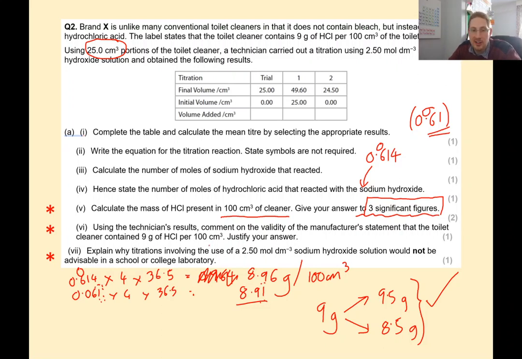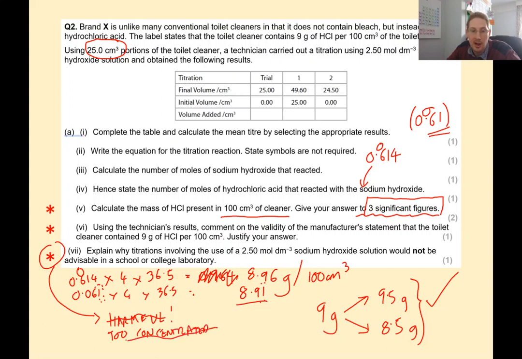Explain why titrations involving the use of a 2.5 mole sodium hydroxide solution would not be advisable in the school or college laboratory. Right, be careful. Harmful was not specific enough, so you couldn't have harmful. Too concentrated. Well, what does that mean? Why is that dangerous?